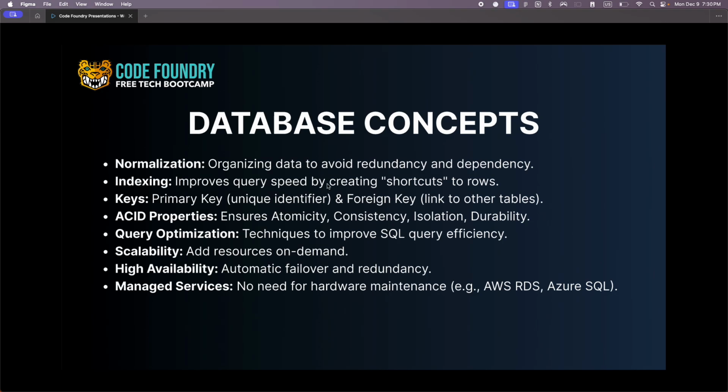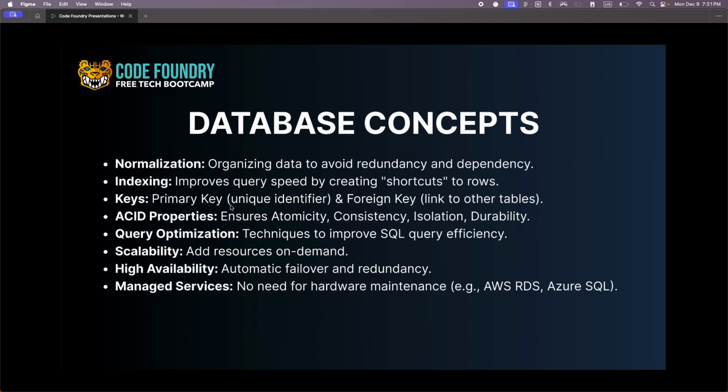Indexing improves query speed by creating shortcuts. So if you're frequently accessing a single row, etc., using indexing really can help. Using keys, or the primary key, which we saw in SQL, or a foreign key, which allows us to determine how our data is outlined.